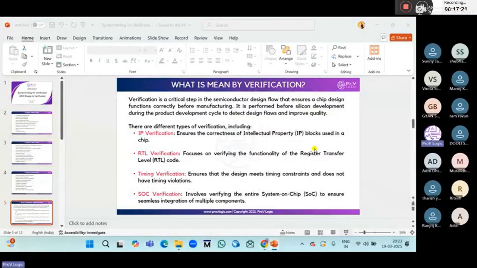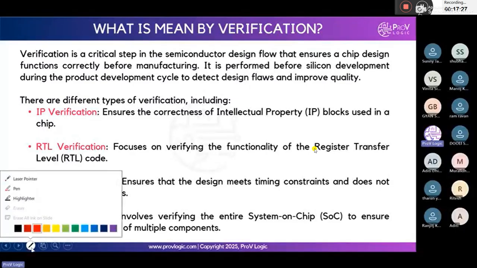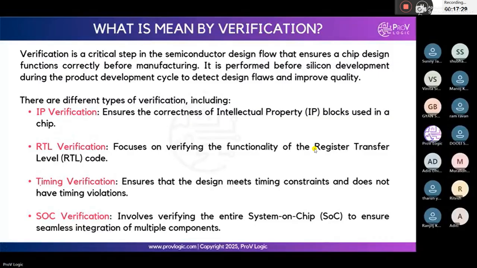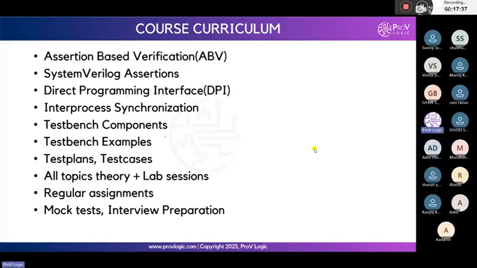Okay. So what is meant by verification first of all? What is the need of verification? Can anyone tell? What are the different types of verifications? Suppose if you are applying for a verification engineer, what role will you prefer mostly?